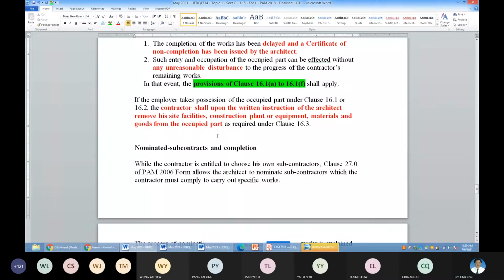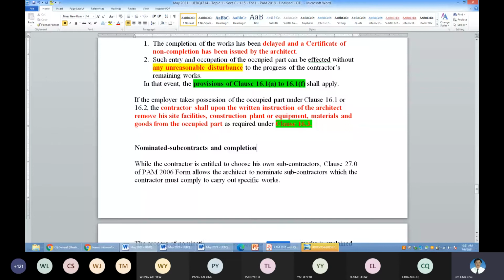So the architect has the right to instruct the contractor under clause 16.3. Issue the AI for the contractor to clean up the area, but at the end of the day, they won't disturb the contractor to finish the balance of the work. Then this taking over or partial taking over under the project delay is completed.